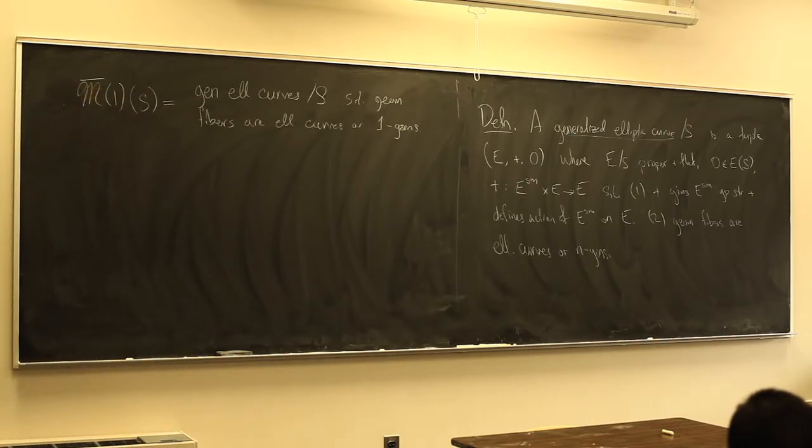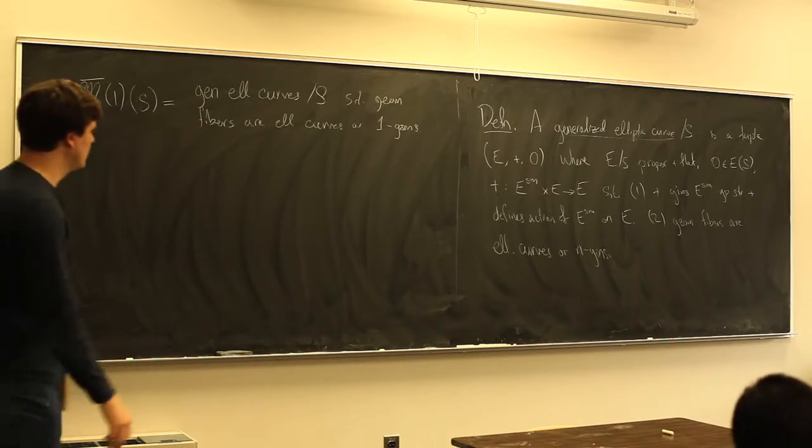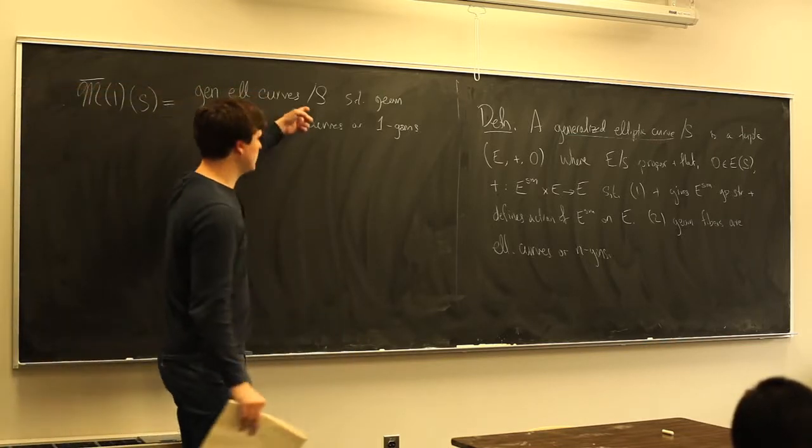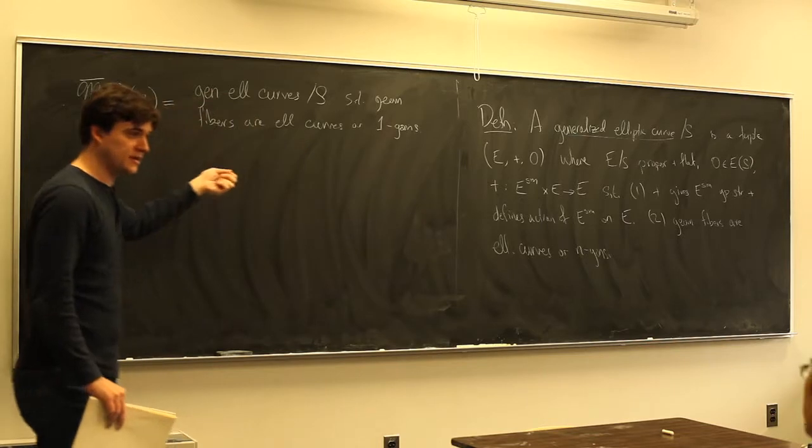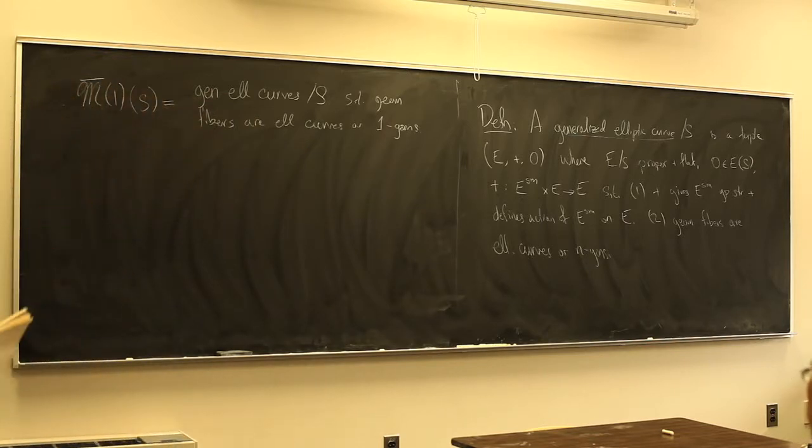If you think of the C points of this, there's a unique one-gon over the complex numbers. So the C points are just the elliptic curves plus this one additional point. We've just added one additional point to the usual moduli space, which is how we wanted to compactify it.